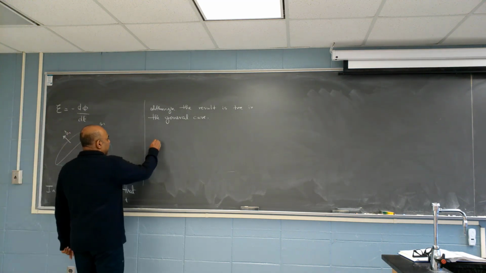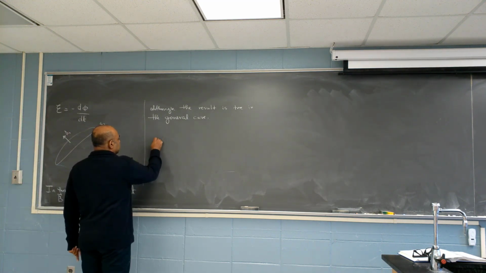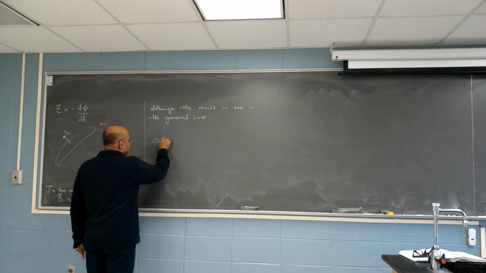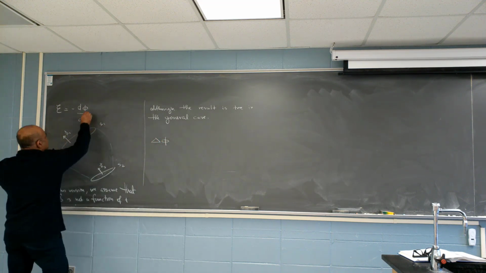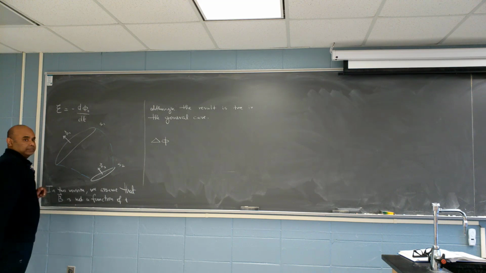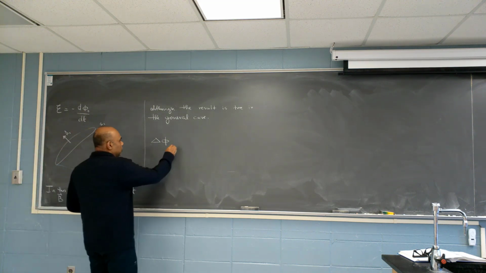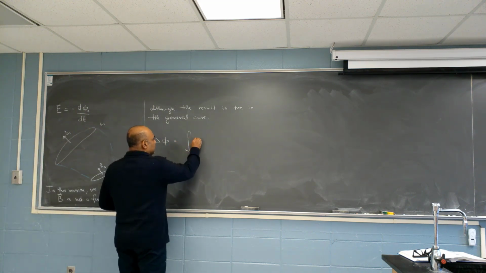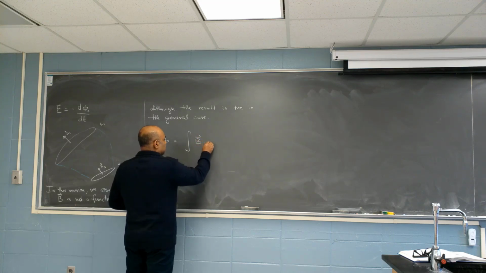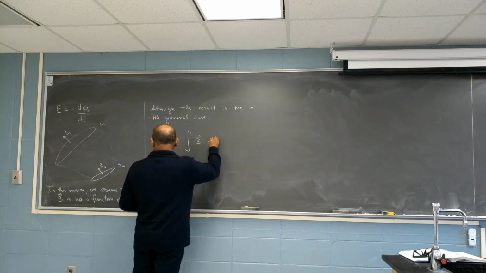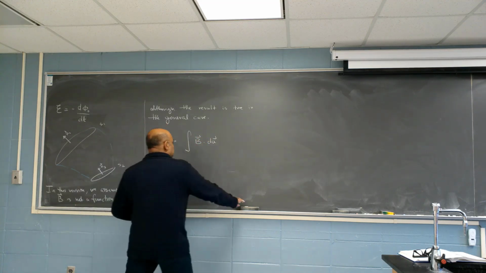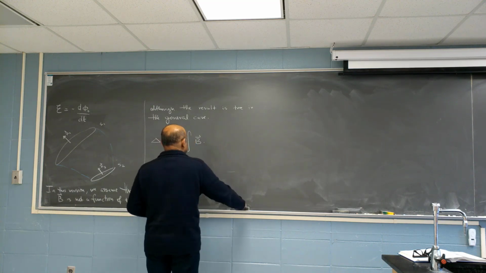So by delta phi, change in magnetic flux, what do I mean? Really, it's a change in magnetic flux, huh? So I do B dot dA, and I'm going to write dA like this.